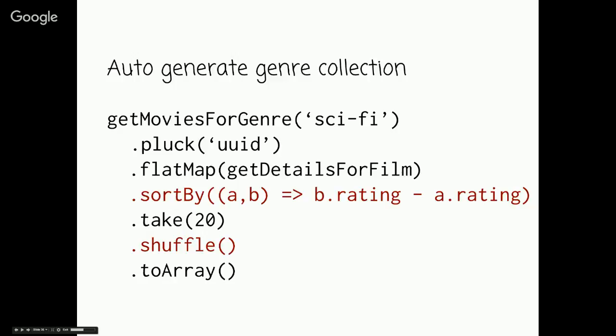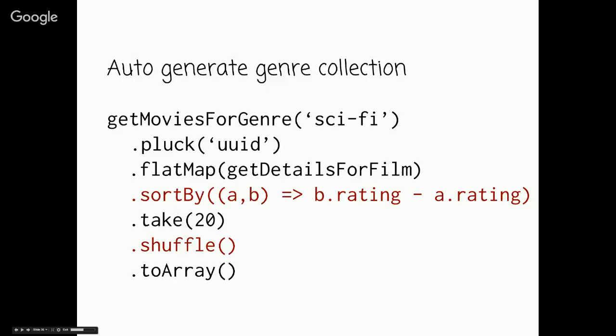So we just pass in sci-fi on that API, and it'll return back all the movies, but without all the details, just a UUID and a title. So it's very similar to the search. We just pluck the UUID out, and then we pass each UUID through this get details for film, the same function we saw before. Once that's completed, that will give us a list of all the movies with all the details.